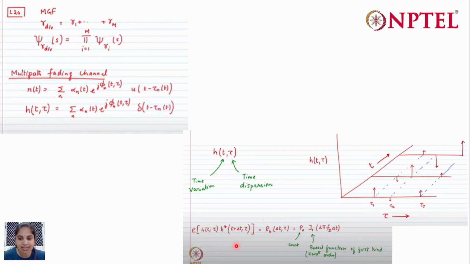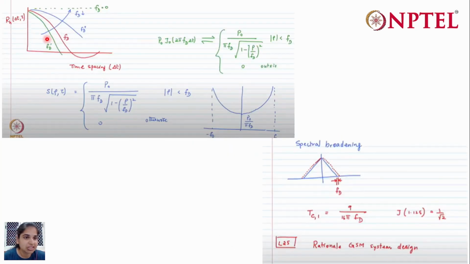If you plot the autocorrelation against time spacing delta t, it looks somewhat like a sinc function, but it starts at a maximum, and then the slope depends upon our Doppler frequency.